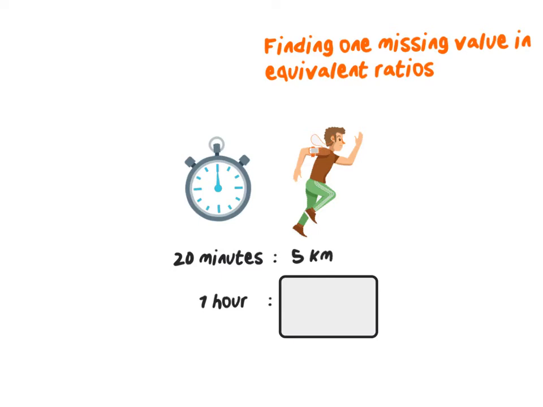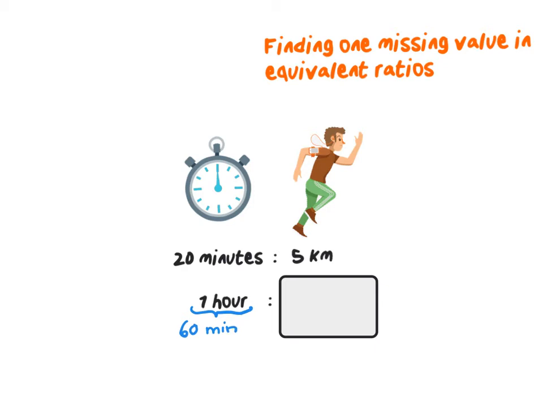We can also apply the concept of missing value in ratios to speed, distance, and time problems. If, for example, Jake runs the 5-kilometer park run in 20 minutes, and I want to know how far he runs in an hour, we can do it in the form of a ratio. But you will remember that we always need to keep the units the same. So start by making the hours into minutes as well. So 1 hour would be 60 minutes.